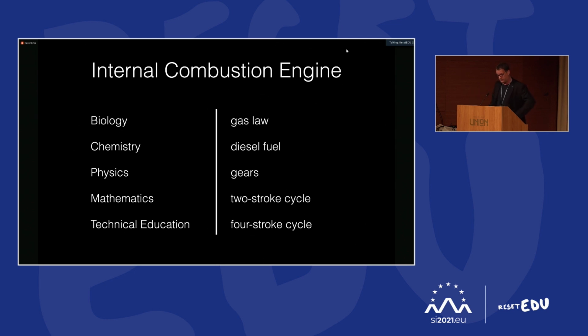At the end of primary school, you have several lessons like that, and kids may even have to draw a model of the engine. Later on, they learn about the gas law, diesel fuel, the gears. You have a lot of things in school that prepare you to understand the internal combustion engine.